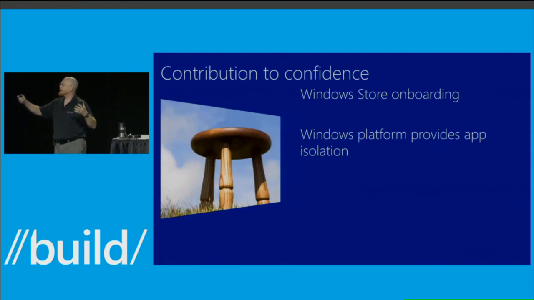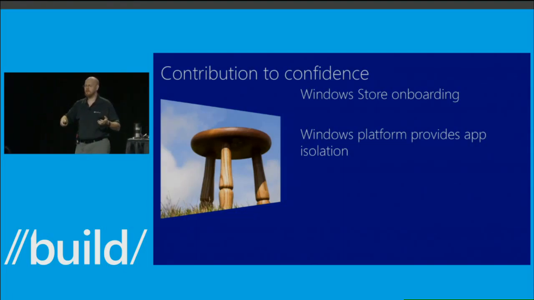Part of that confidence comes from 3 legs. One is the store onboarding process. What they're looking for is apps that don't conform to platform policies or outright malware, so that users can be confident that your app is not out to get them.